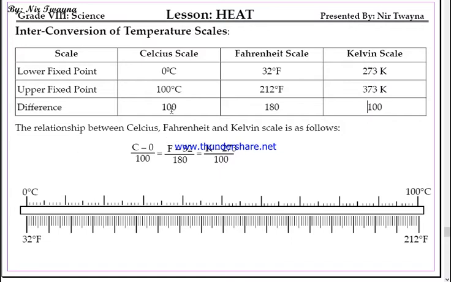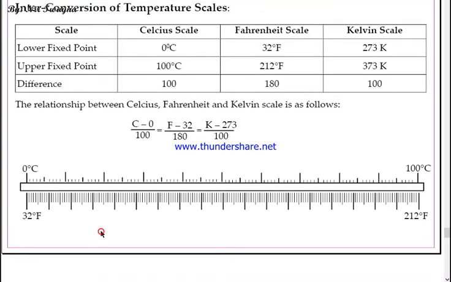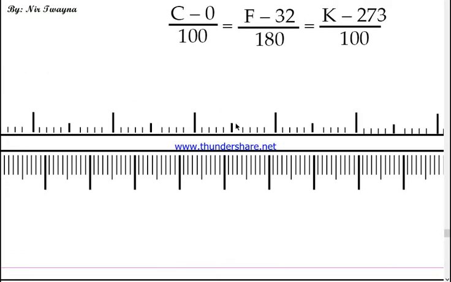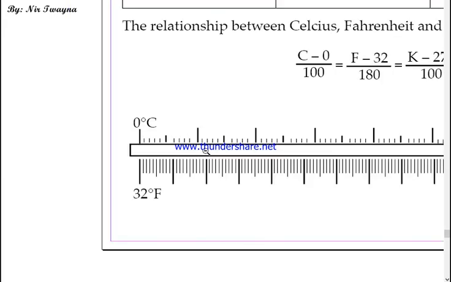Now how is this relation derived? That is not actually an important part of your lesson, but still, if you are curious, I'm going to explain. Let us suppose that I need to take a temperature at this point. In the upper scale I've shown degree Celsius, in the lower scale the Fahrenheit scale.